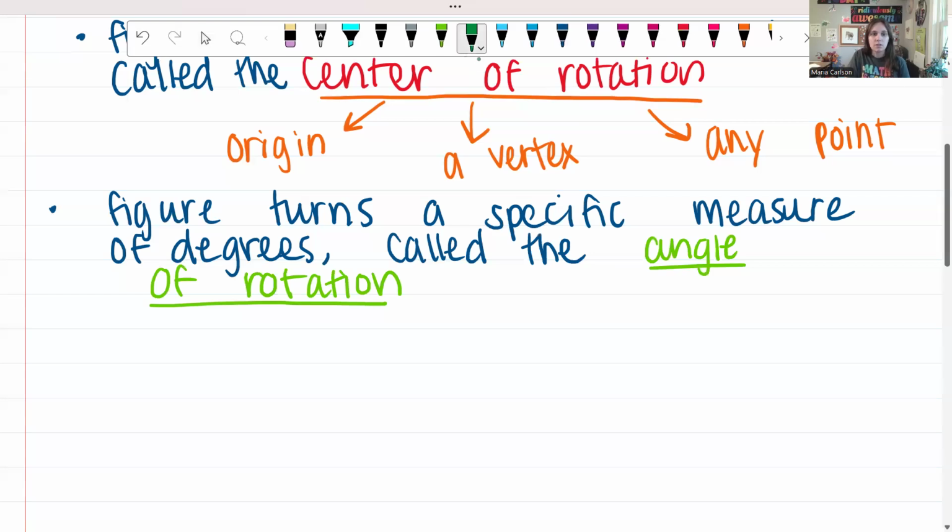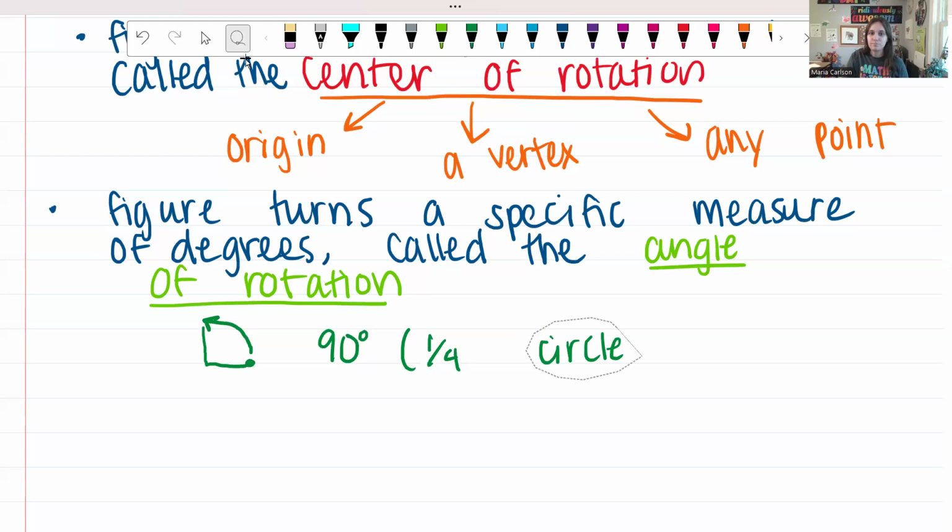So if your point spins 90 degrees, it is essentially going a quarter of a circle. So 90 degrees is 1/4 of a circle. 180 degrees then is 2/4.